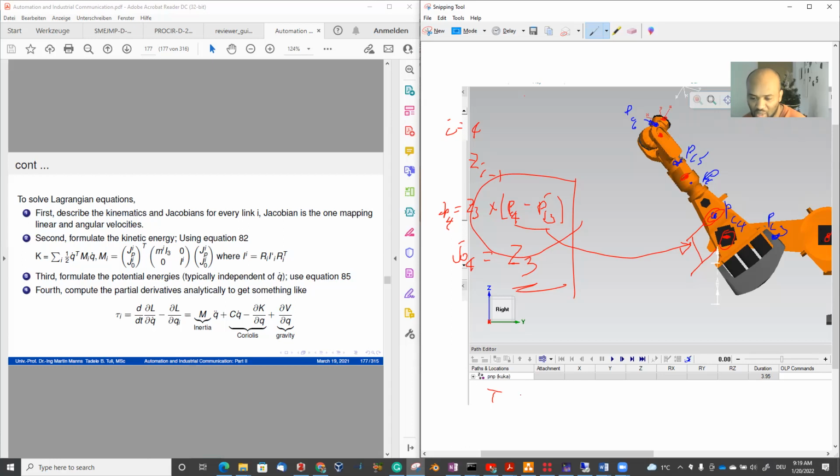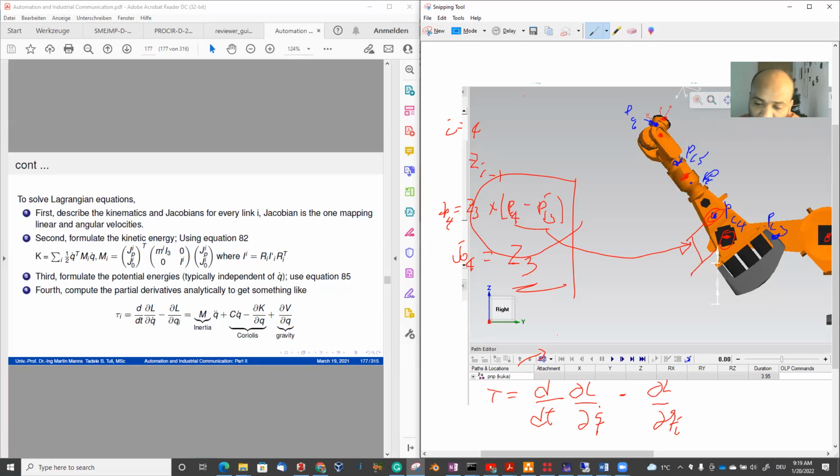We say it is a generalized force, capital D. It is the time derivative of the partial derivative of the Lagrangian with respect to the joint velocity, minus the partial derivative of the Lagrangian with respect to the joint variable Q. Q is the joint variable, which we call theta or A actually.